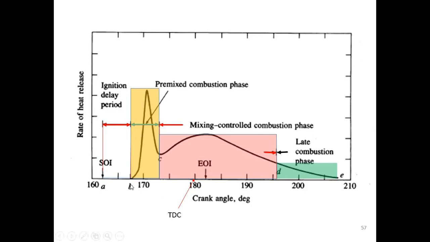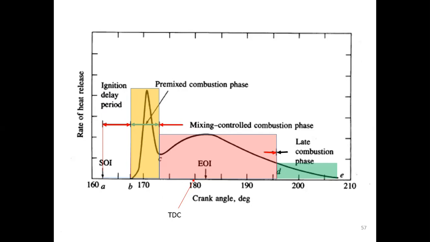Okay, so ignition happens here. You should not be confused by this word. When they say it's the ignition delay period, there is no ignition happening here. Only the fuel is injected here, and ignition happens here, and combustion also happens nearly at the same time.